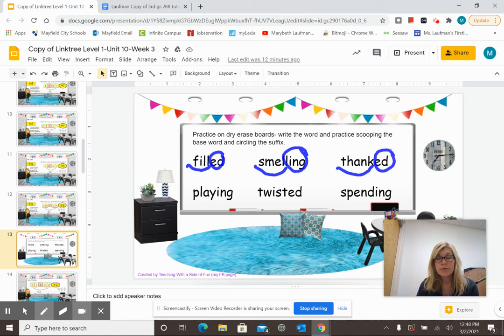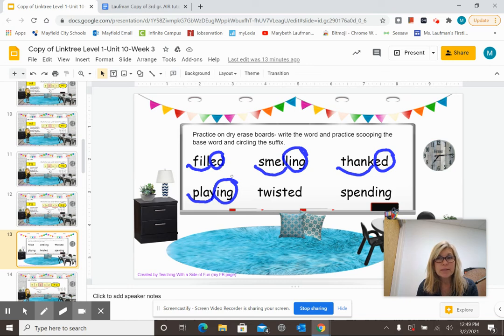If we take away the ed, it would just say thank. But if you already did it in the past, you thanked someone. All right, now write the word playing. Scoop the base word and circle the suffix. So you're going to scoop play and circle ing. If you say playing, that's something you're doing right now.